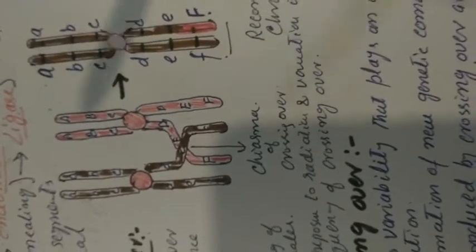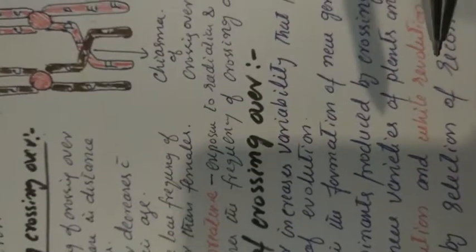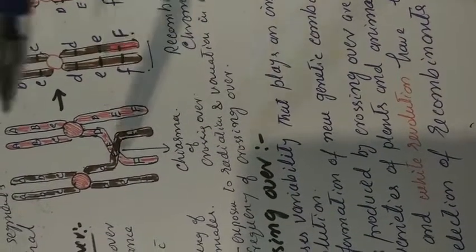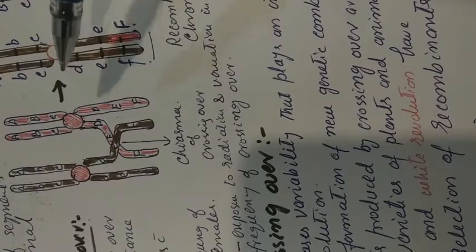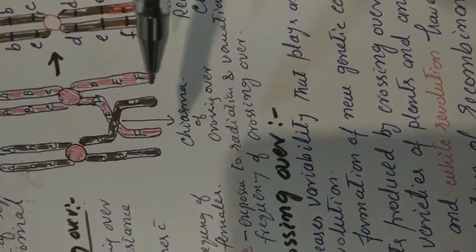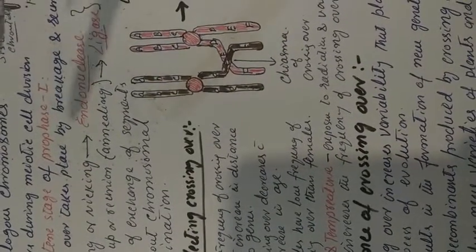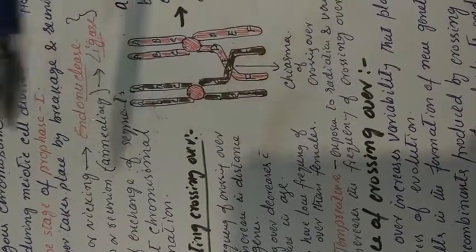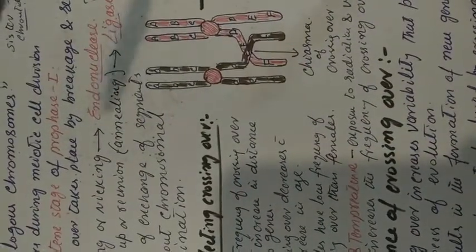For instance, the famous grain revolution, which you may have heard about, and also the white revolution, have been actually achieved by the selection of recombinants which are obtained through crossing over. Now this is all about crossing over, the various factors affecting crossing over, and the importance of crossing over.